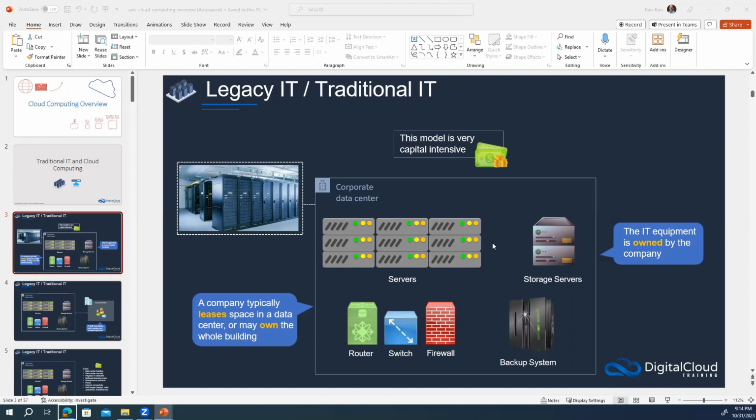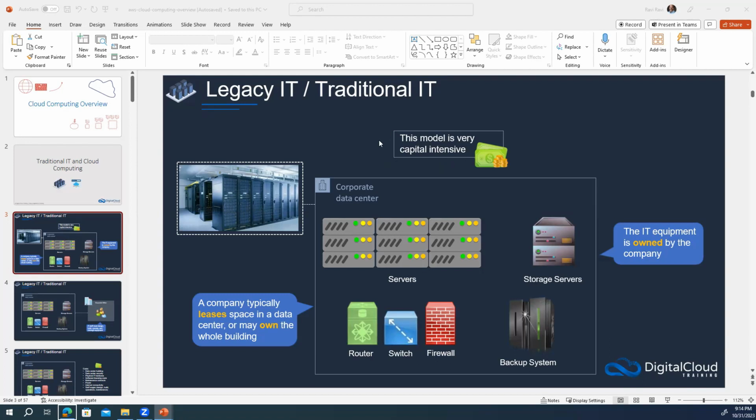Here, you have your corporate data center. Within this data center, either you own it or somebody else leases it, and you keep all these servers here. You have the storage servers as well as the backup system. You have all these routers, switches, and firewalls. This is what is capital intensive.